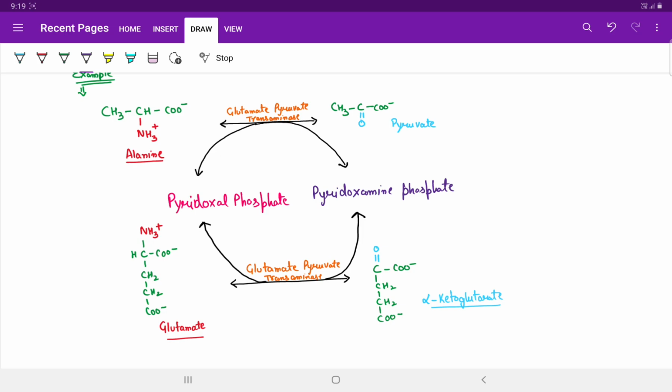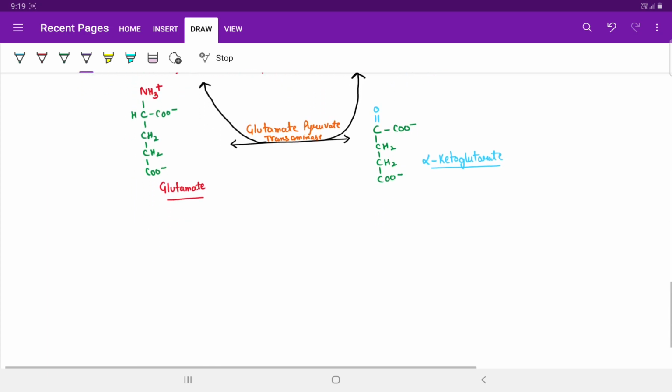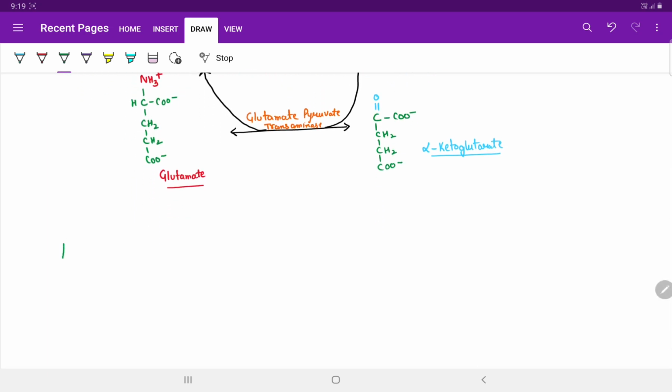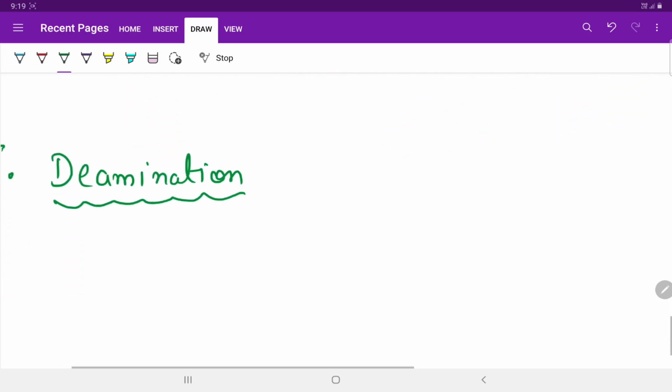The next type of reactions are the deamination reactions. Now how do these deamination reactions take place? This is the removal of the amino group. Deamination is the removal of amino group. This is of two types, oxidative and non-oxidative deaminations.